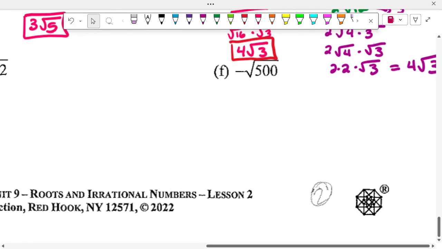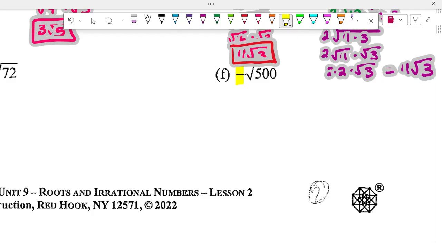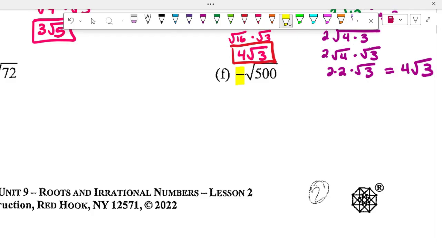Look at letter F. Now, it's a little hard to see, but there is a negative on the outside. That just means that whatever our answer is, it's going to be negative. So 500, what are the two? 100 and 5. 25 would have also worked, so make sure you use the biggest one.